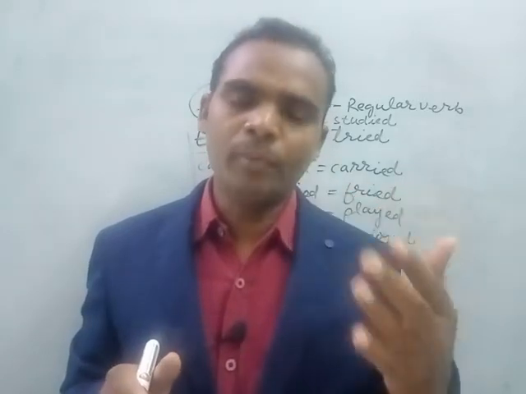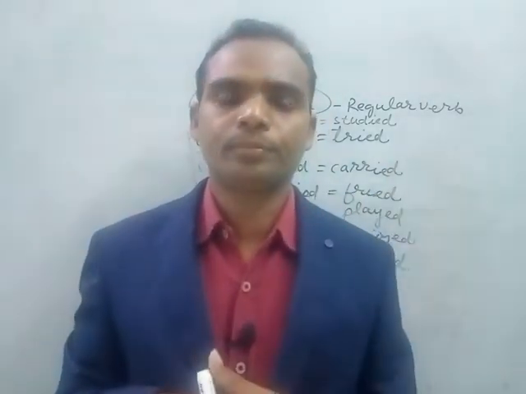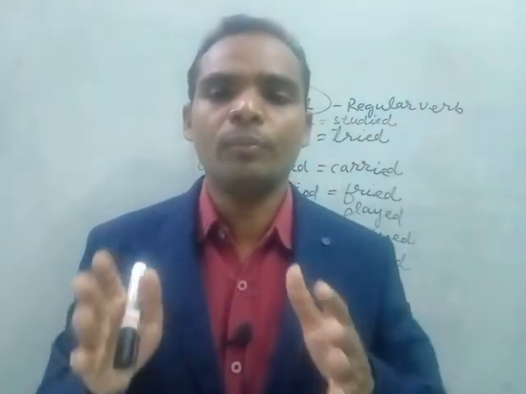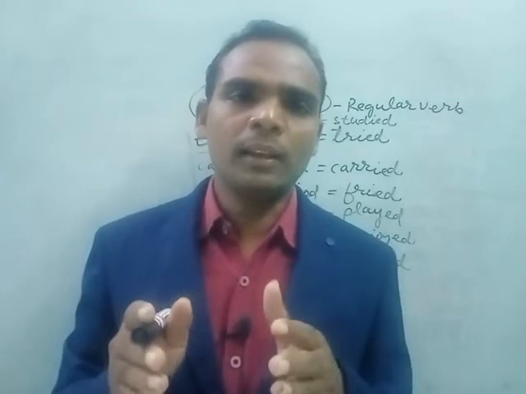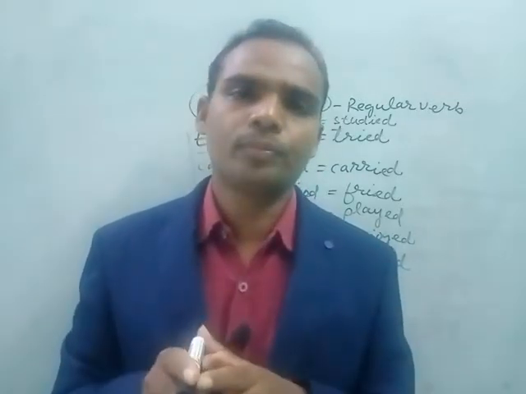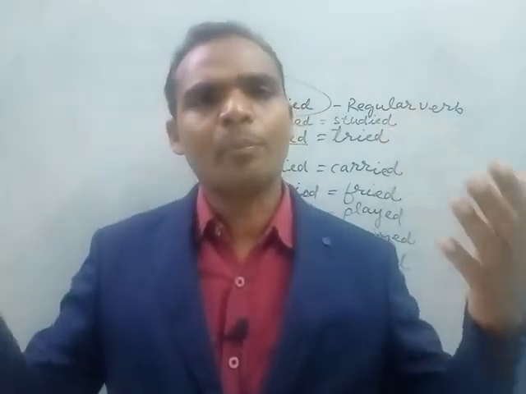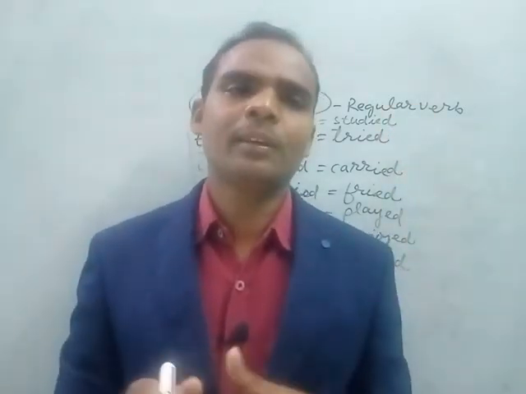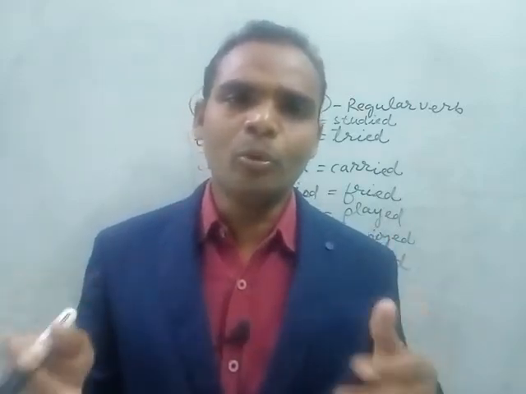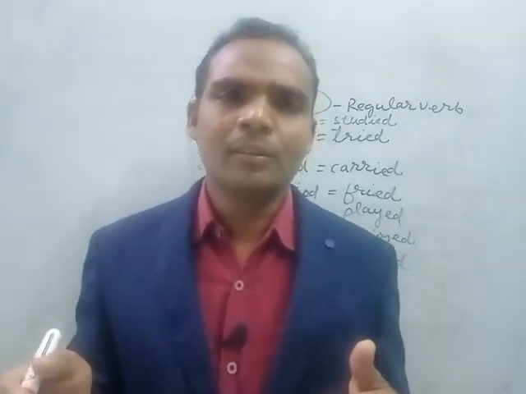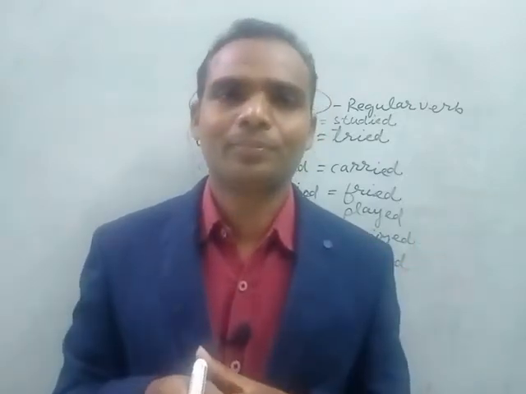Now I am explaining to you people irregular verbs. What are irregular verbs? Here also there are certain rules. Irregular verbs are limited, not more than a hundred. I think likely 100 irregular verbs are there.